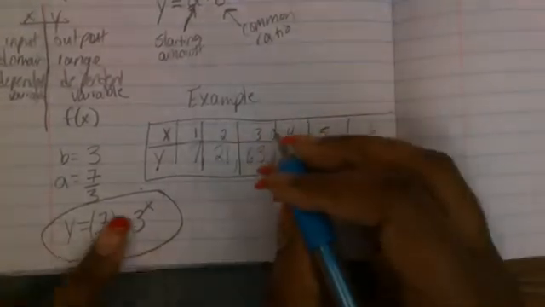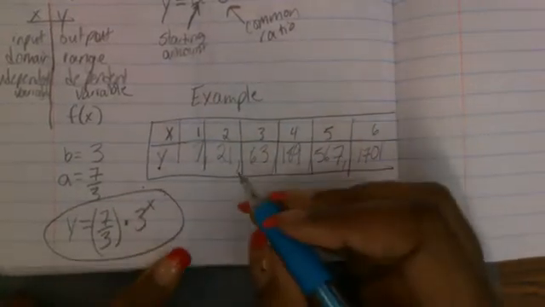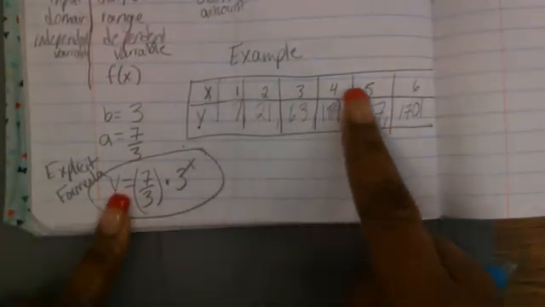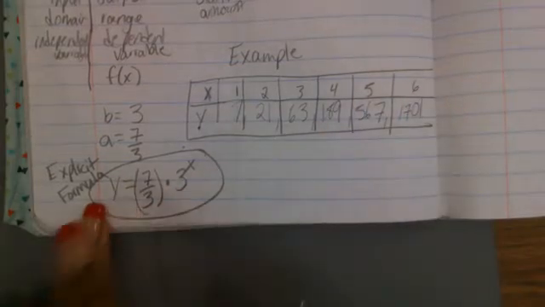Now, if I'm writing a recursive, and by the way, since you can substitute any x value to figure out what the y value is, this is an explicit equation or formula. It's an explicit formula because you can substitute any number for x to figure out what the y is directly, okay?